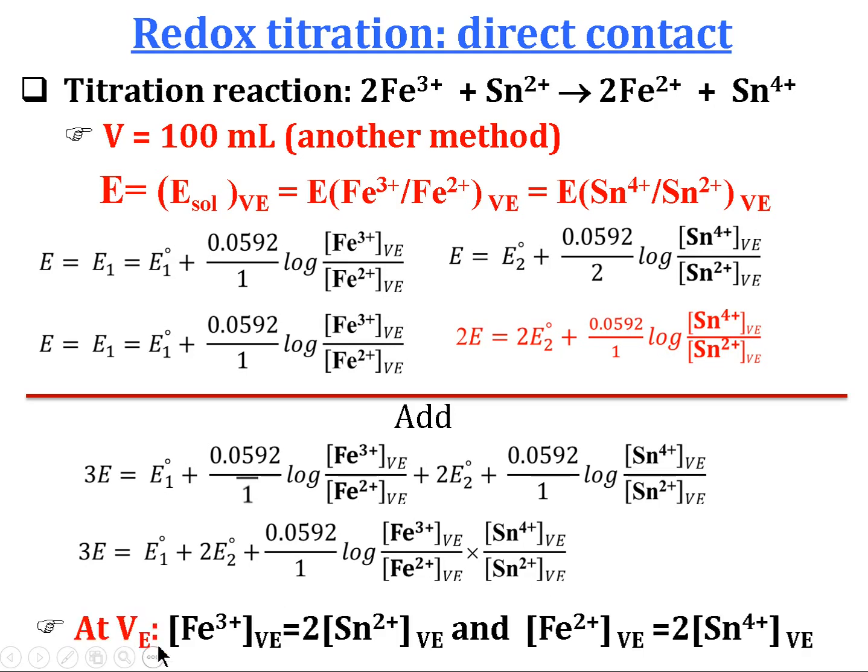And we know at equivalence, the concentration of Fe3+ equals 2 times concentration of Sn2+, and that of Fe2+ equals 2 times Sn4+.